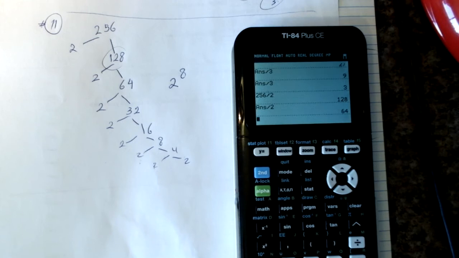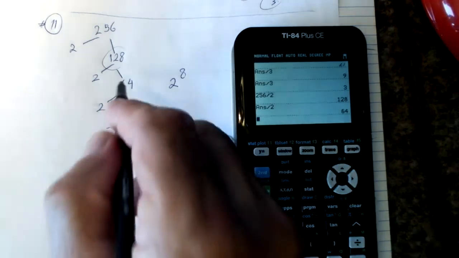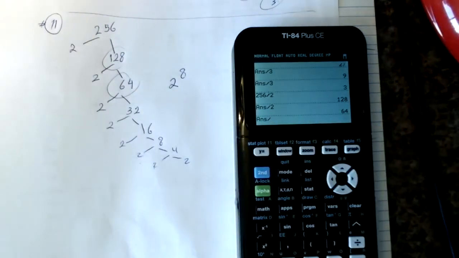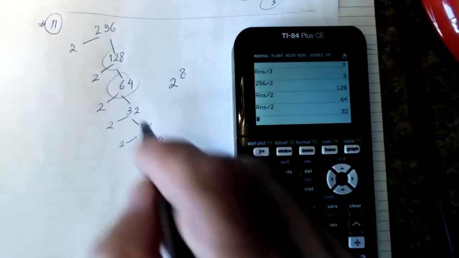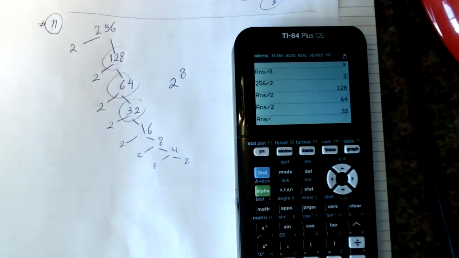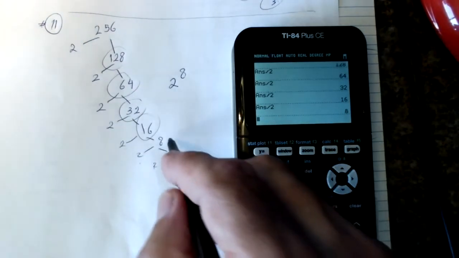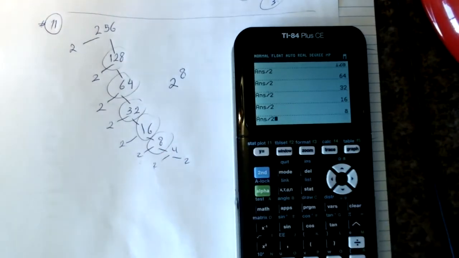Divide by 2 again. 64 divided by 2, 32 divided by 2. 16. Keep dividing. 8, 4, and finally 2.